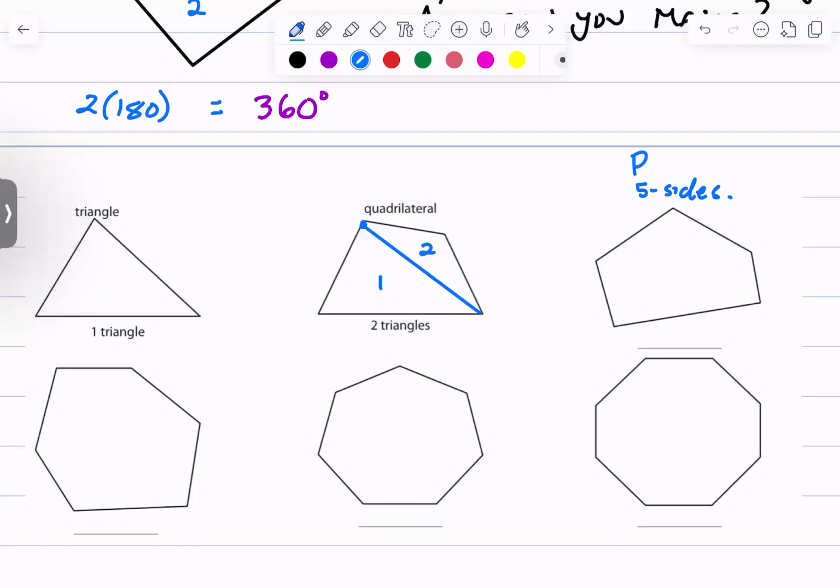So this is called a pentagon. Has, let's see, one line I can connect. I connect 2 lines, right? Like that. So there's 1, 2, 3 triangles. So there's 3 triangles here.